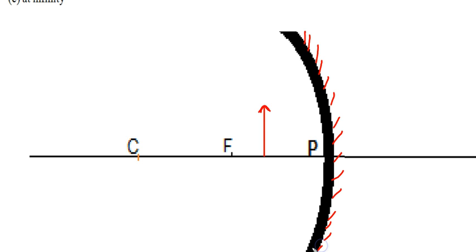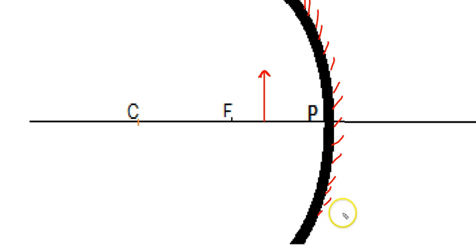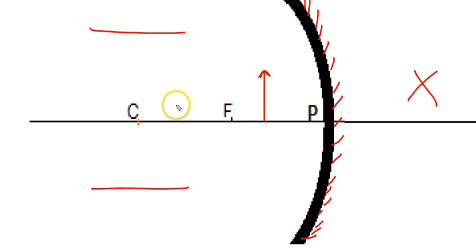So be careful about these small things because they are important. So now it shows that reflection is taking place on this side, not this side. Otherwise, very simple, but we have to take care.